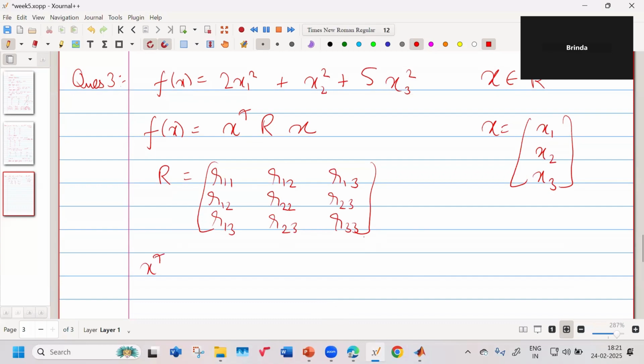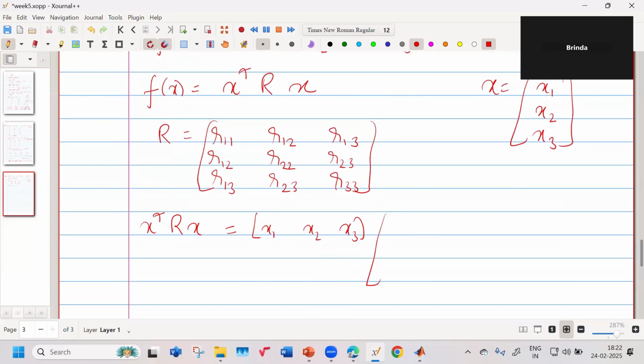It is x1, x2, x3 into R11, R12, R13, R12, R22, R23, R13, R23, R33 into x1, x2, x3.